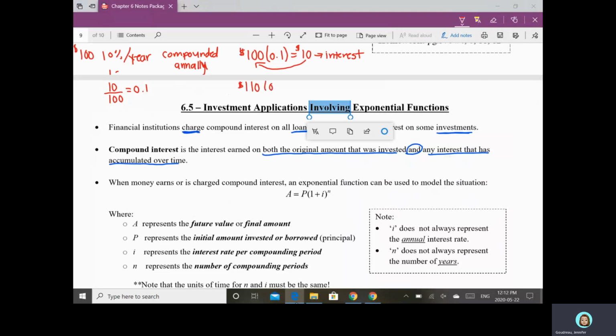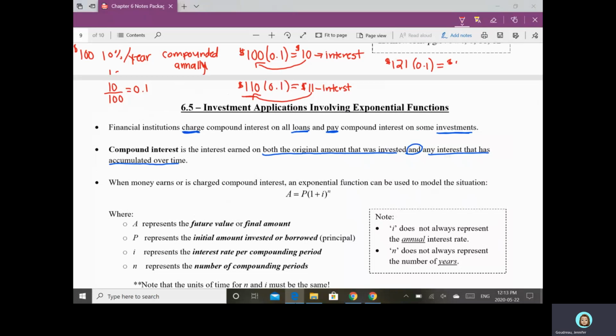When we leave that $110 in the bank and it earns 10% that year, so multiply by 0.1, that gives us $11 in interest. Because our investment was higher, our amount of interest was higher. What are we going to do with that interest? We're going to take it and add it into the investment amount. So for year 3, we have $121 in the bank account, which is earning 10%.